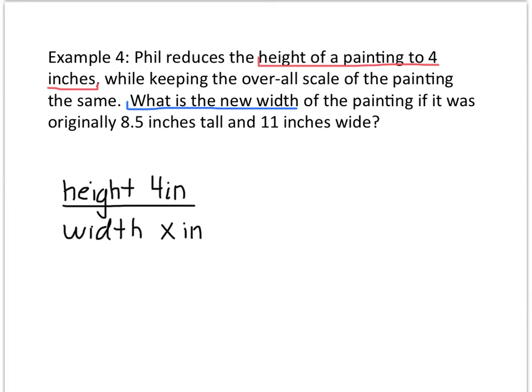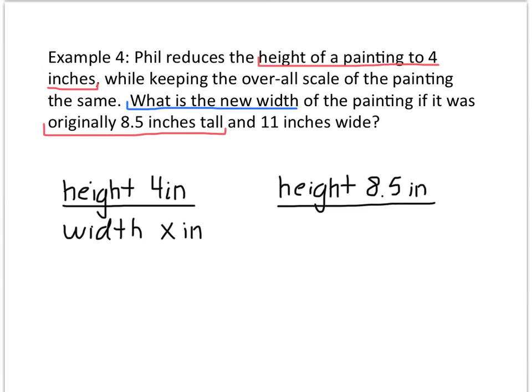If I keep going, it says, what is the new width of the painting if it was originally 8.5 inches tall? So there's our original height. So our original height was 8.5 inches over, and if I keep reading, 11 inches wide was the original width.